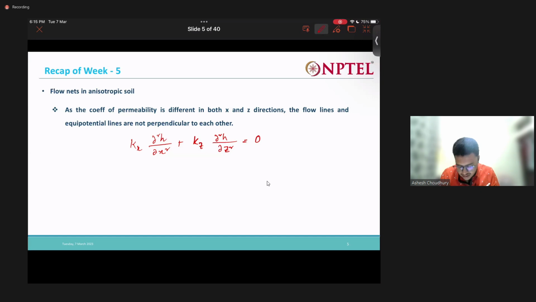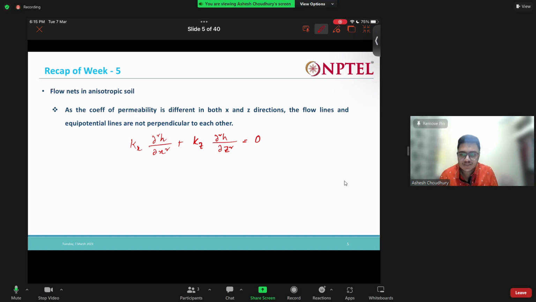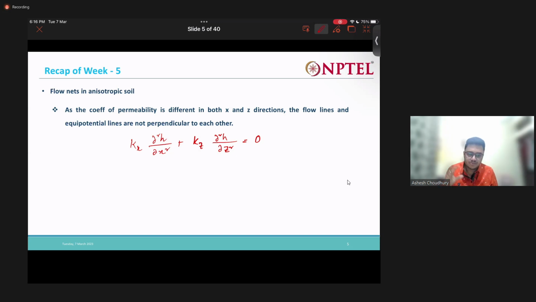Previously kx and kz were equal, so our equation simplified to del square h by del x square plus del square h by del z square. But now as kx and kz are unequal, we cannot cancel them, and the solution of this second order partial differential equation, the family of curves, those equipotential lines and flow lines are actually not perpendicular to each other.